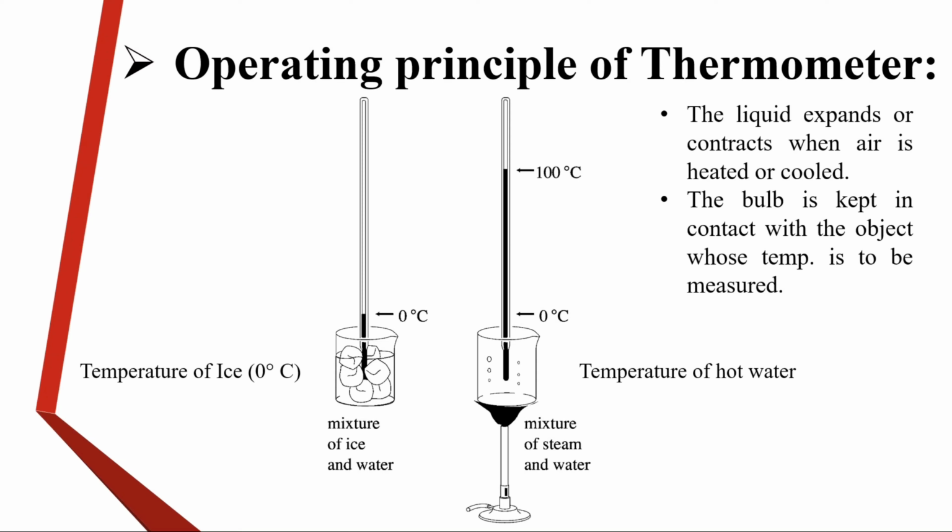The liquid expands or contracts when heated or cooled. The bulb is kept in contact with the object whose temperature is to be measured. In the above slide, we can see the temperature of ice is 0 degrees Celsius and the temperature of hot water.